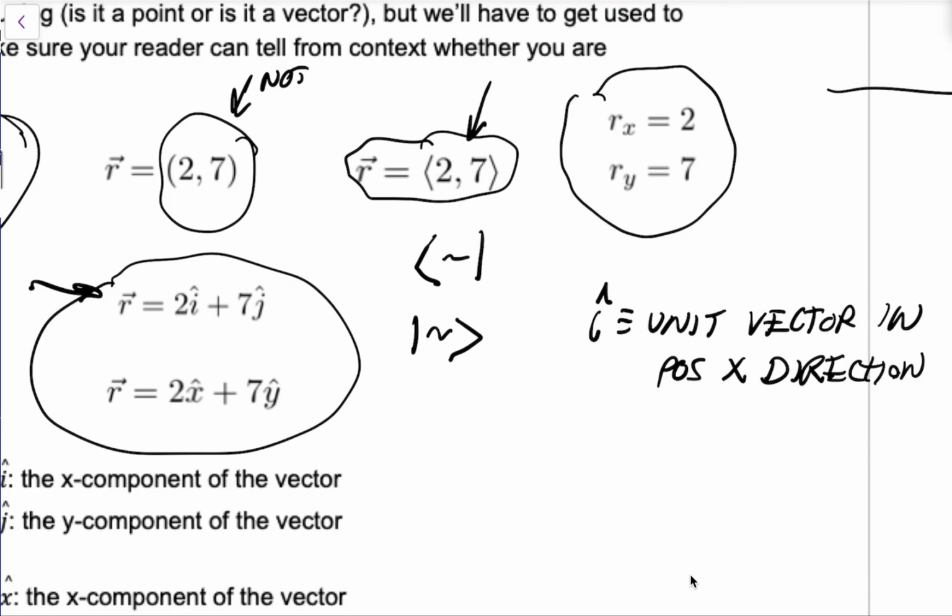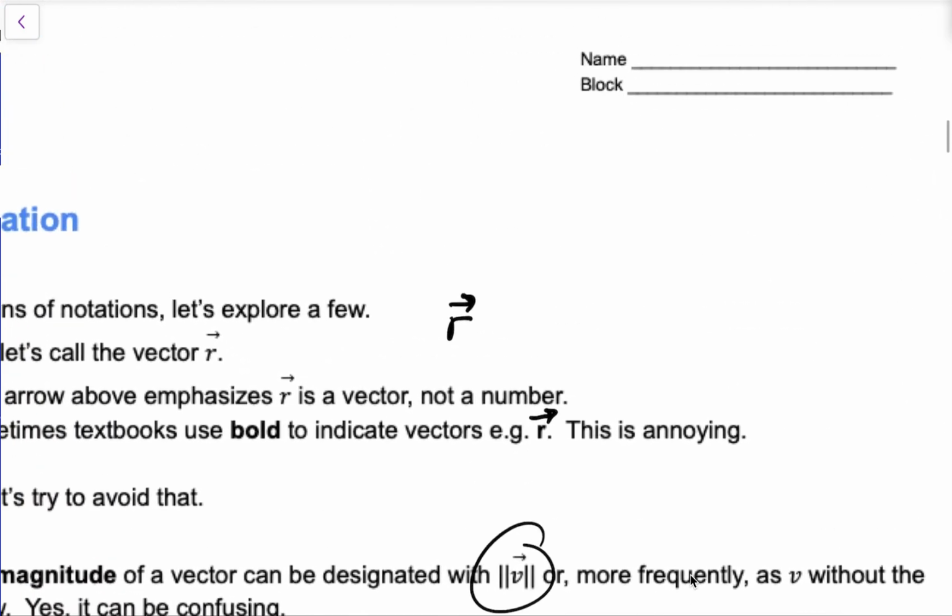And the j hat is defined as the unit vector in the positive y direction. So now, when you multiply 2 times i hat, you get a vector that goes over to the right 2, and then we add to that 7 j hat, and we get a vector that goes up 7. Add the two together, and you get the original vector that we've been talking about.